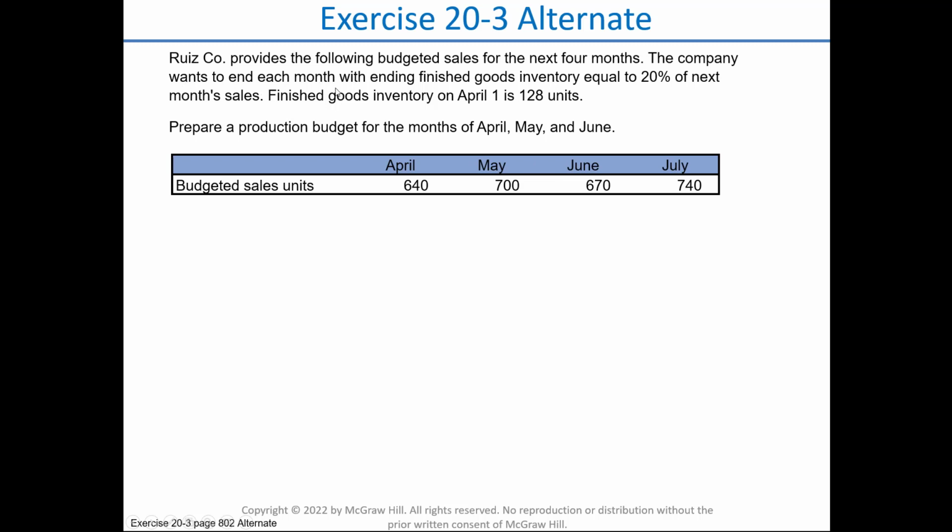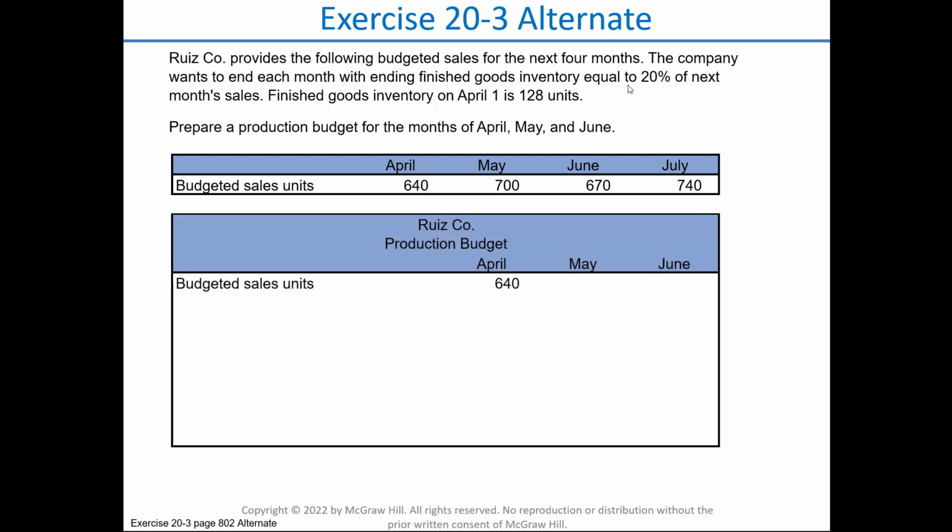And it tells us what they want the ending finished goods inventory to equal, 20% of the next month's sales. And our finished goods inventory at the beginning of April is 128 units. So they have to tell us that information.